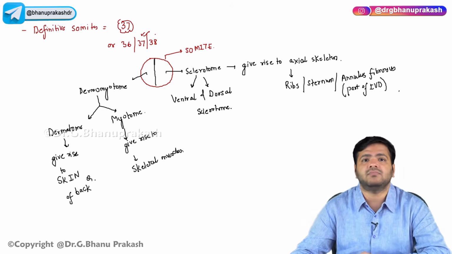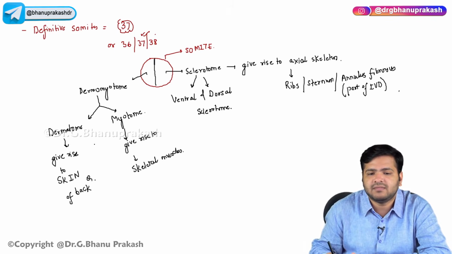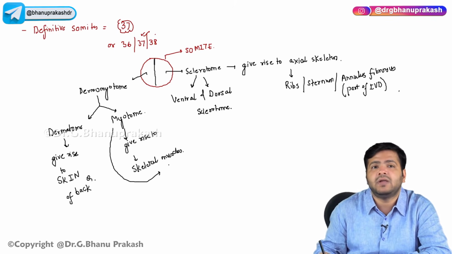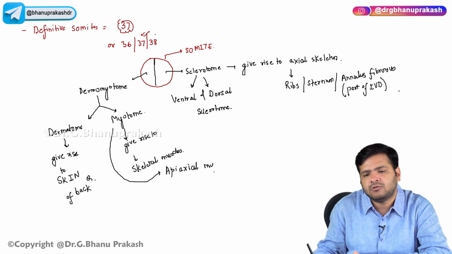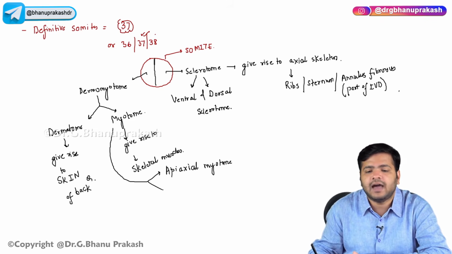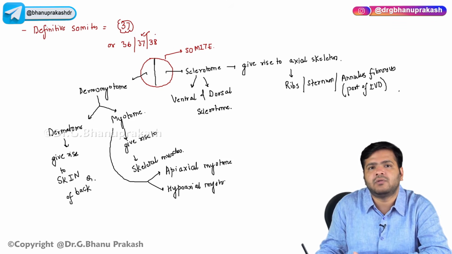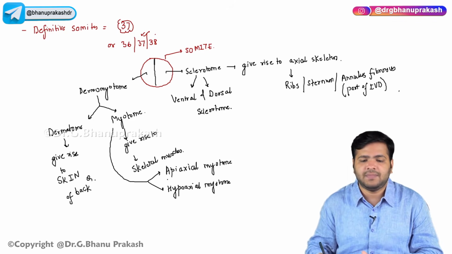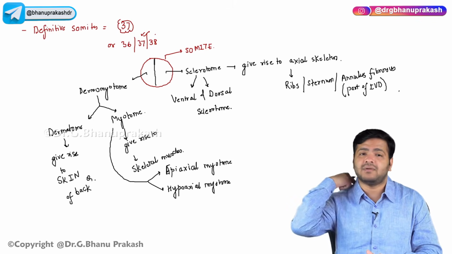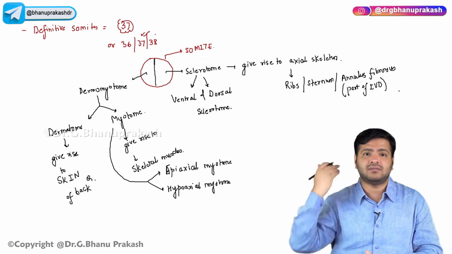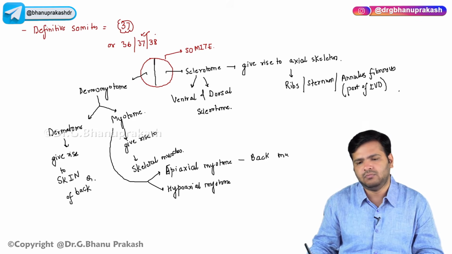Now this myotome is further divided into epiaxial myotome and hypoaxial myotome, right? Now when I say epiaxial, write this down, the epiaxial myotome will give rise to the back muscles, the embryo's back, like erector spinae, all the back muscles, right?